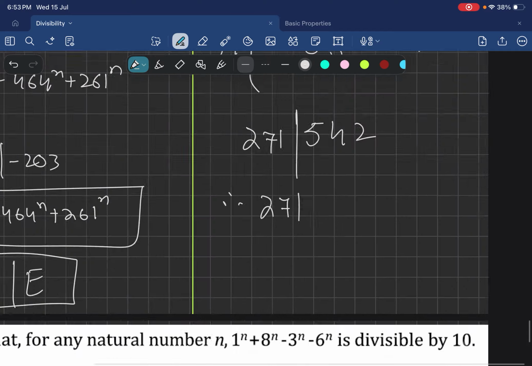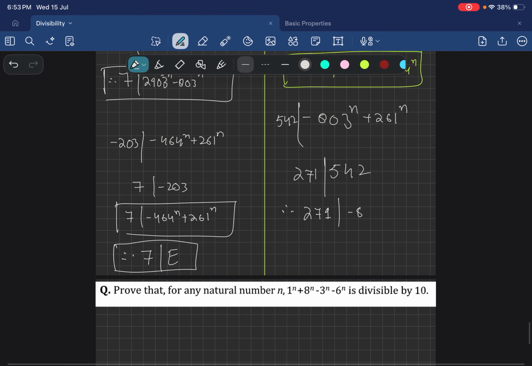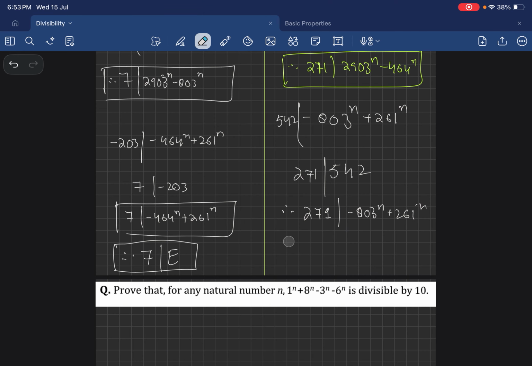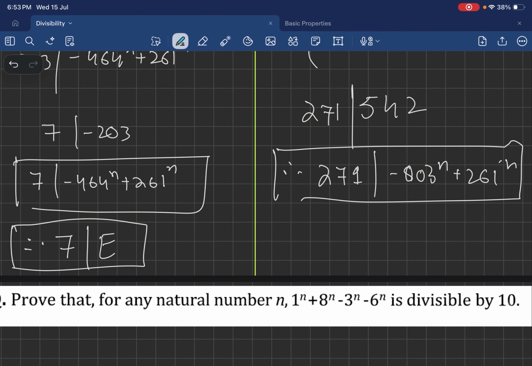Therefore 271 divides minus 803 to the power n plus 261 to the power n. Since prime factorization divides, 271 into 7 would divide E.